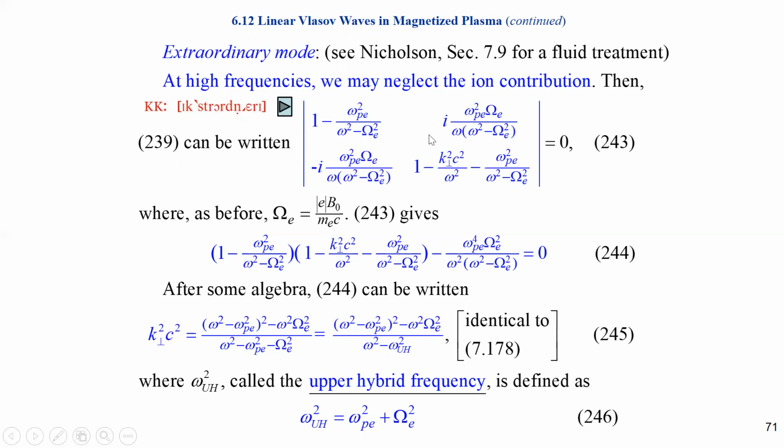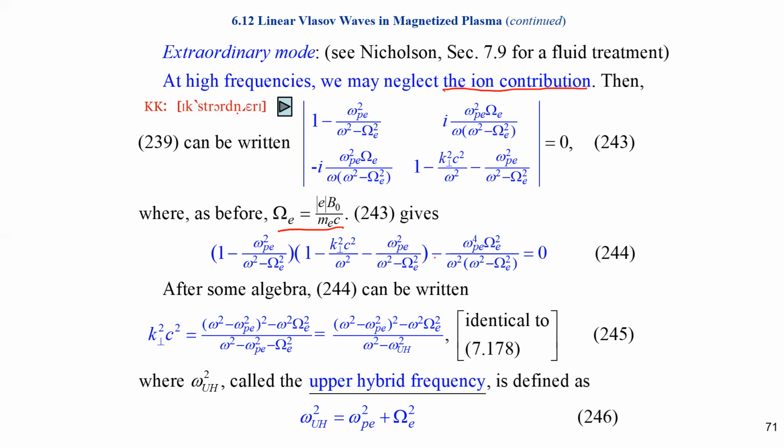Just consider electron contribution, because at higher frequency, ion contribution is very small. Whereas before, electron cyclotron frequency. So we have this relation, this one times this one minus this one.